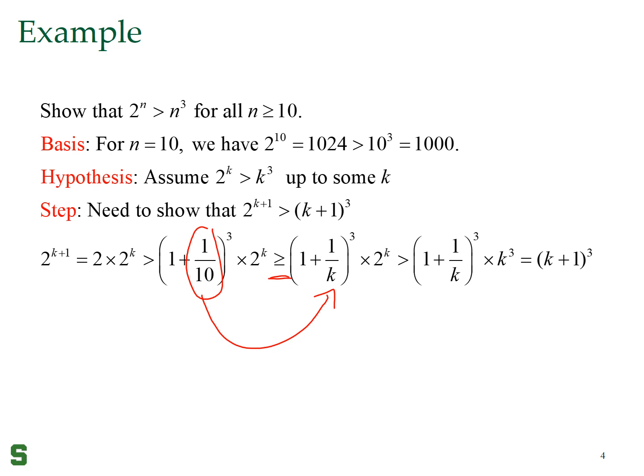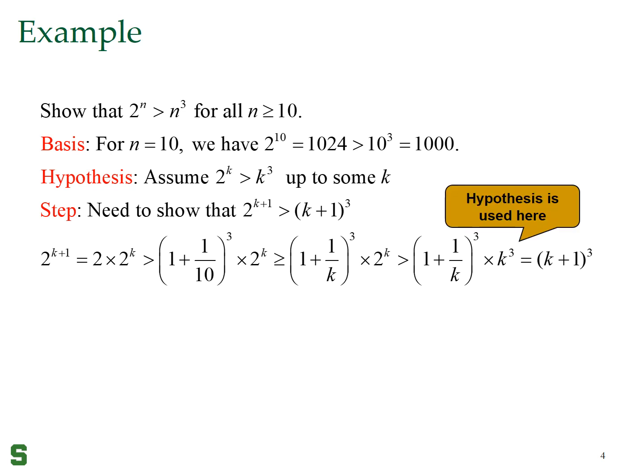That means 1/10 is going to be greater than or equal to 1 divided by k. Once we did that, we are going to use our induction hypothesis, and we are going to change this 2 to the power k to k cube, and while we do that, we can change this relation to greater than.